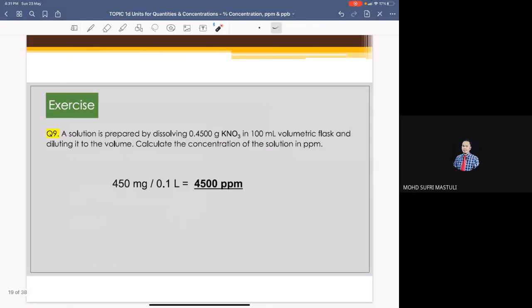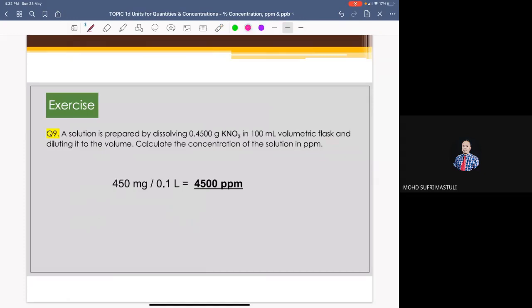A solution is prepared by dissolving 0.5 gram KNO3 in 100 ml volumetric flask and diluting it to the volume. Calculate the concentration of the solution in ppm.